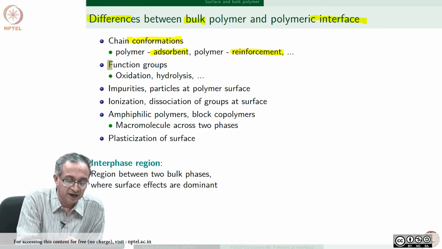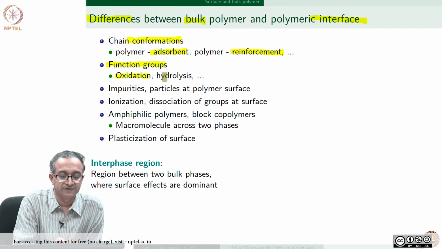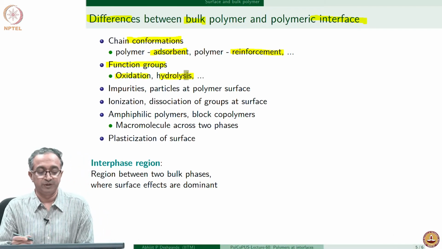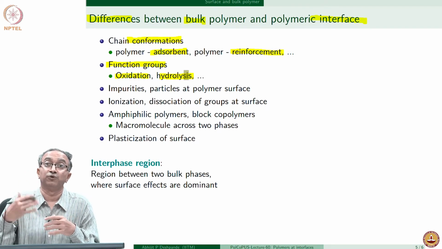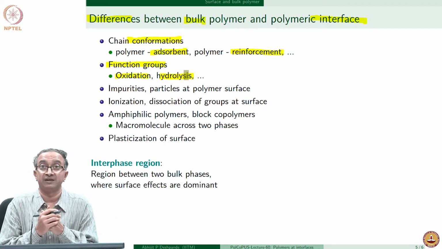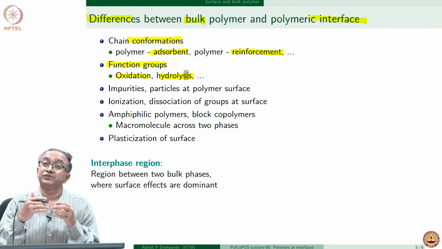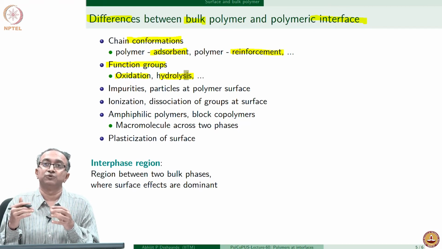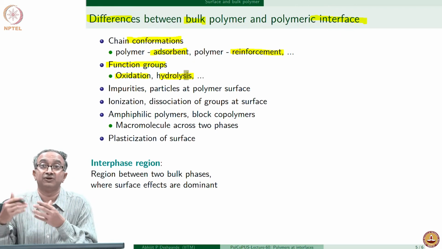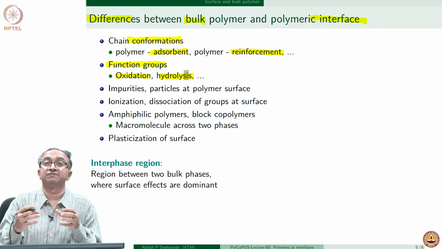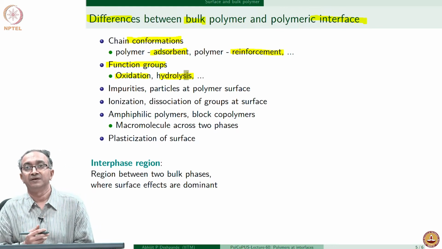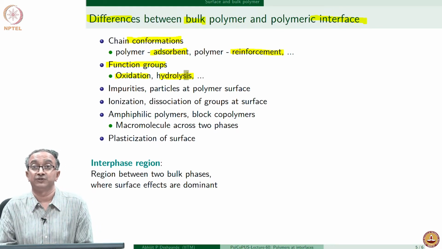We could also have functional groups which are different at the interface. Because a macromolecule at the interface is, let us say, exposed to more moisture or more air in case it is exposed to the environment, some of the macromolecular functional groups may change and oxidize or hydrolyze, and therefore the functional groups at the interface will be very different compared to the bulk. And so, this is something very important for us to consider.